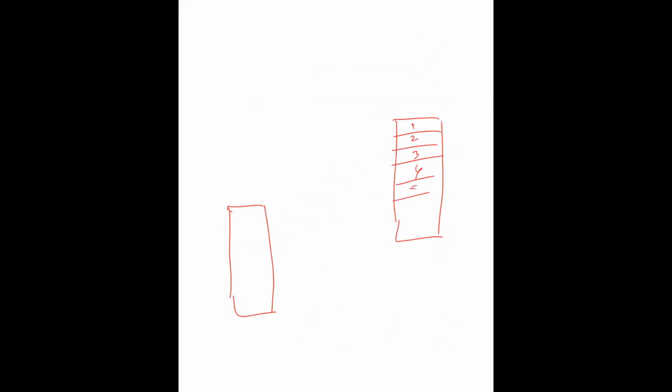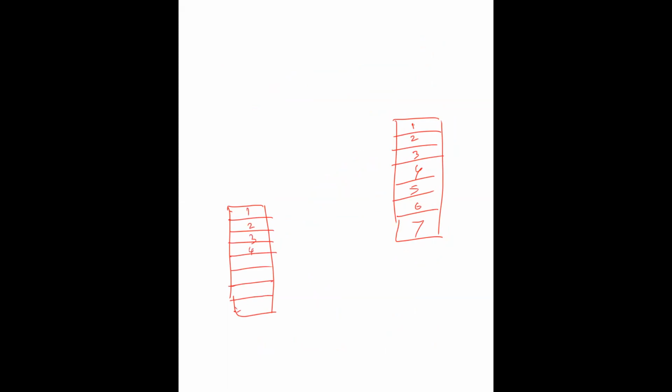Let's say you have a total of three processes. This is your computer's RAM or memory. It contains, let's say, 7 frames. Also, this is one process, with pages 1, 2, 3.